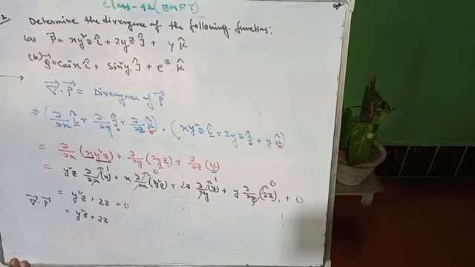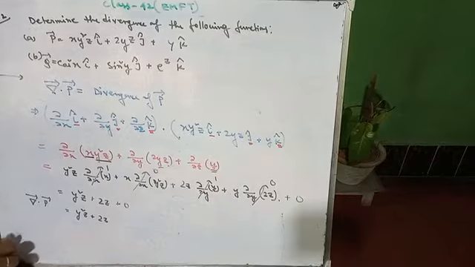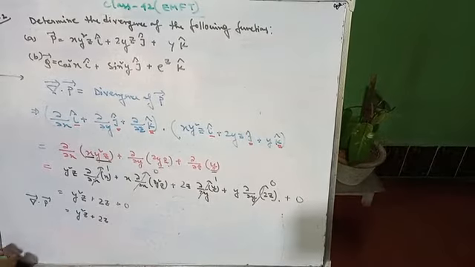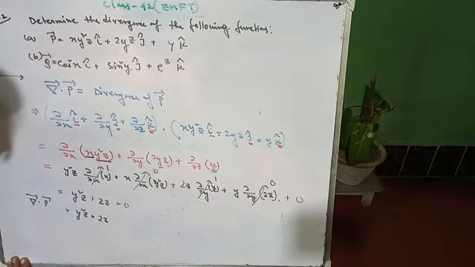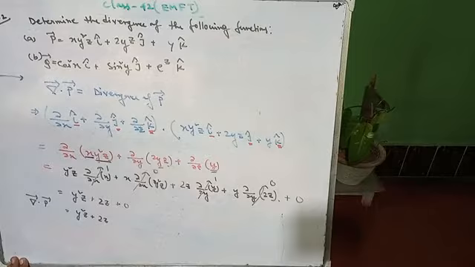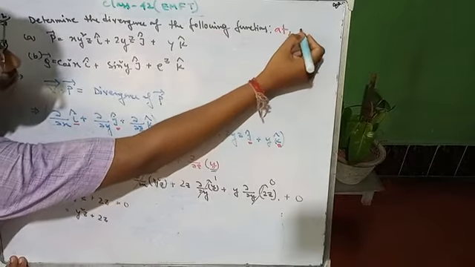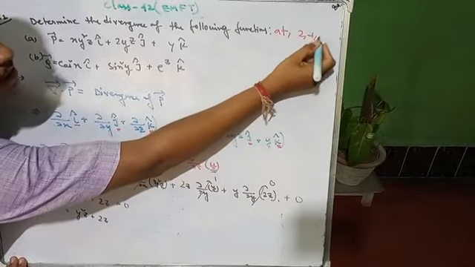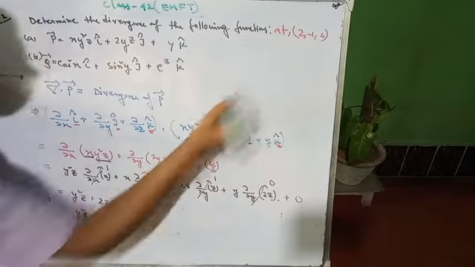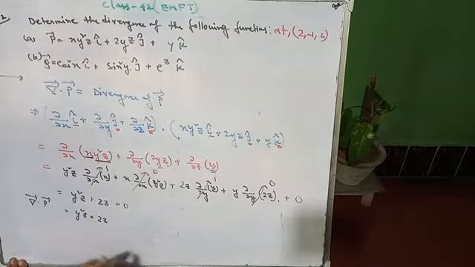So now I would like to add one extra concept on this numerical: determine the divergence of the following function at the point (2, -1, 6).